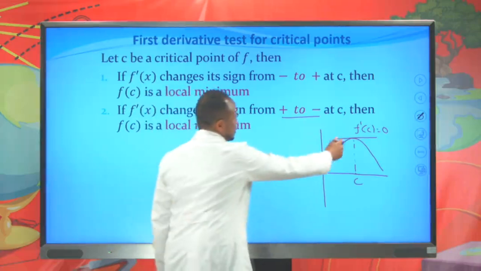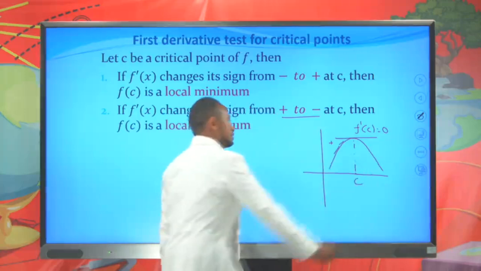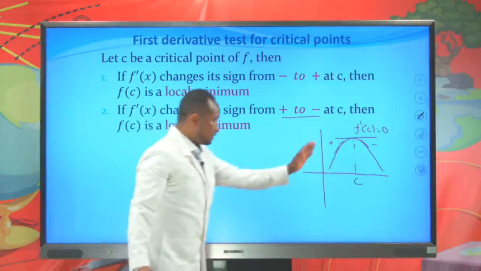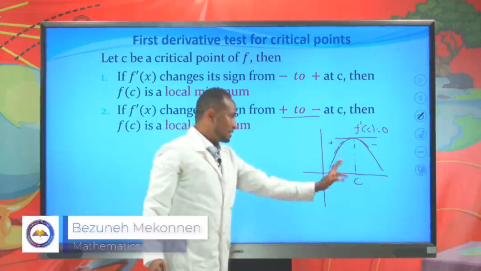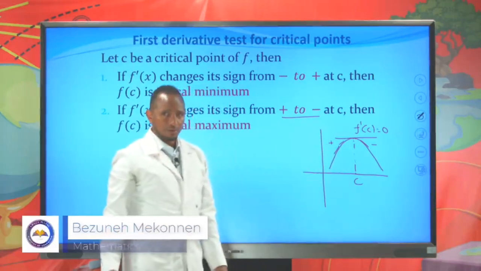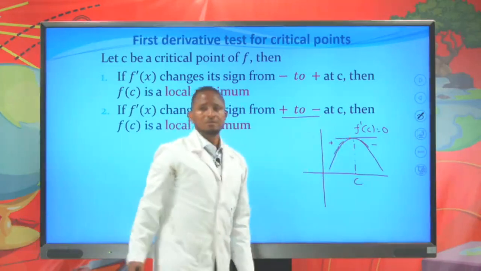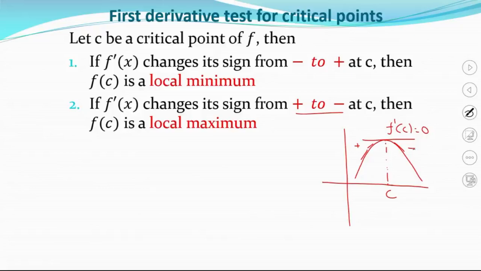And the slope of the tangent line to the right of the critical number will be like this, therefore it is negative. So the derivative of the function is changing from plus to minus at the critical point. Therefore, this point is a local maximum point of the given function.